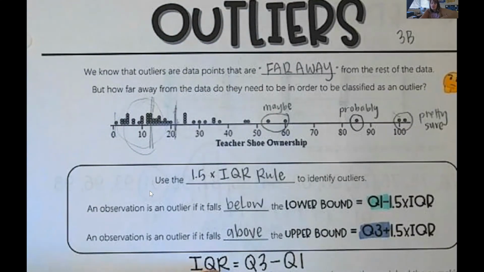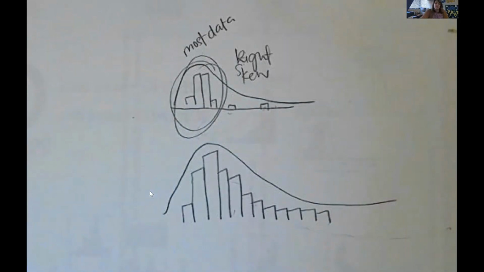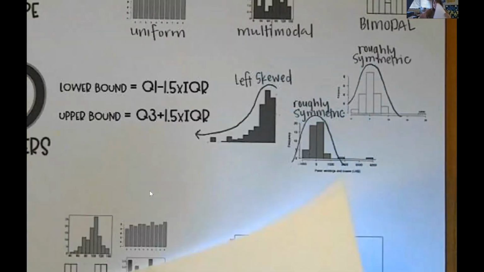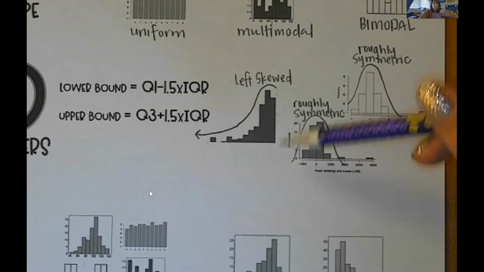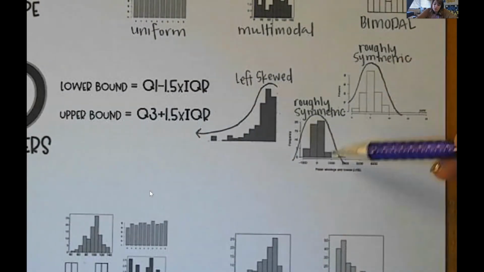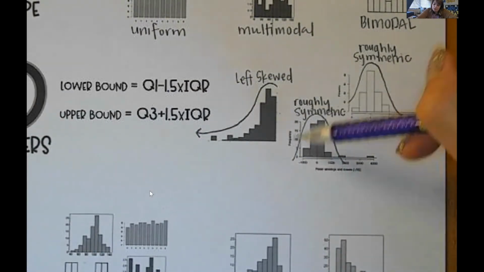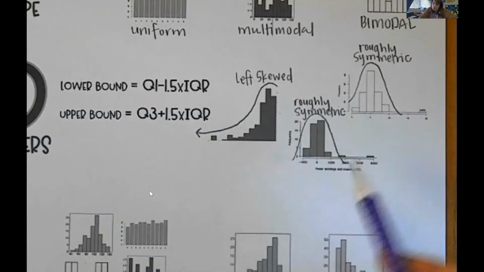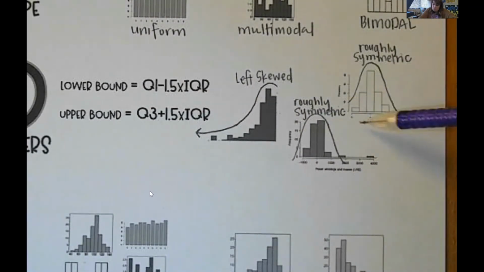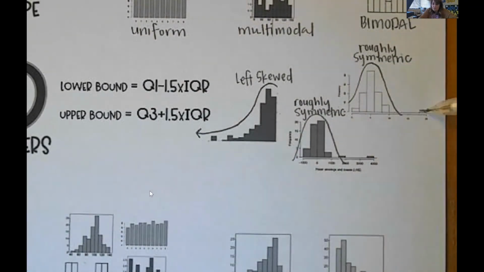So hopefully that helps a little bit. The reason that I would say that this guy is roughly symmetric is because most of the data is right here, and these guys are unusual. Same with this. Almost all of the data is here, and then one observation is all the way out here.